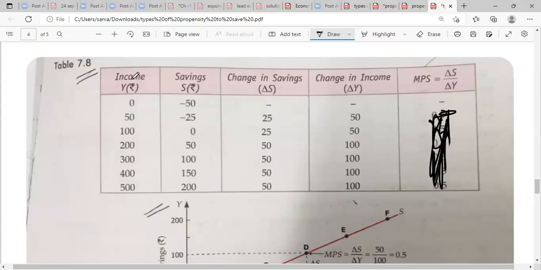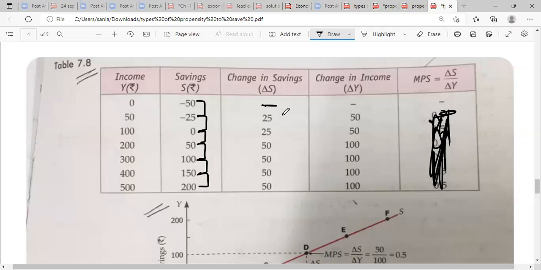Okay, so this is your income, savings. This is your change in savings. I hope you are aware of how you have to find change in savings, right? First one will be dash because you don't know the previous one. But here, from 50 to 25, how much is needed? 25. 25 to 0, 25. 0 to 50, 50. 50 to 100, 50. 100 to 150, 50.